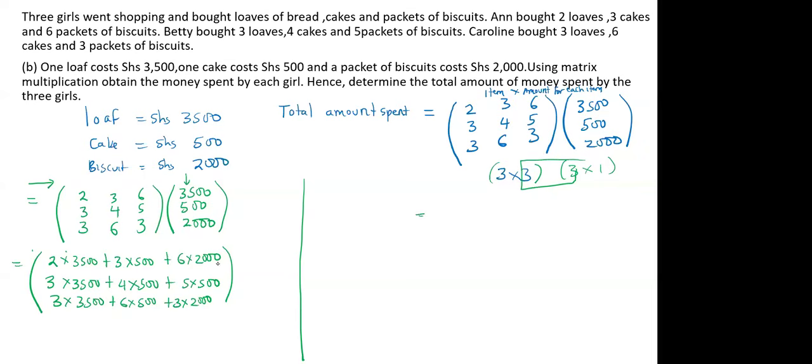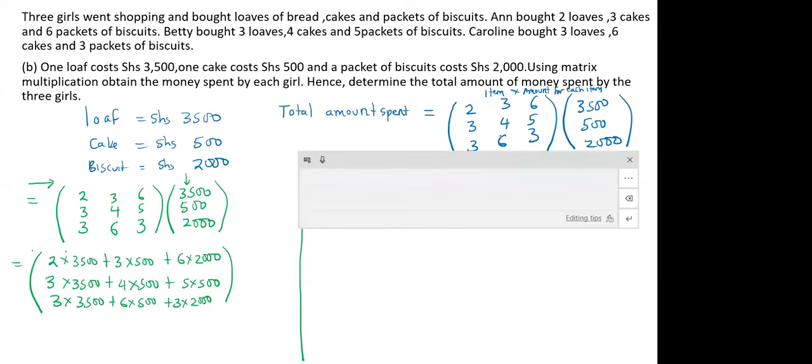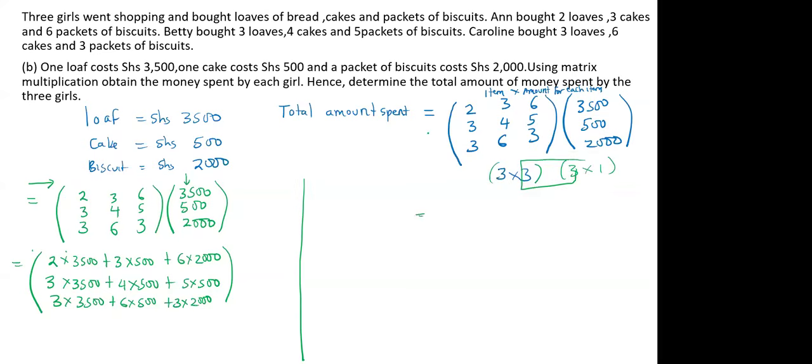Someone is saying it is 2,000, not 500. Marceline, there's something you are saying in the chat. Yes, Marceline? I'm saying that part of 5 times 500. Which one?